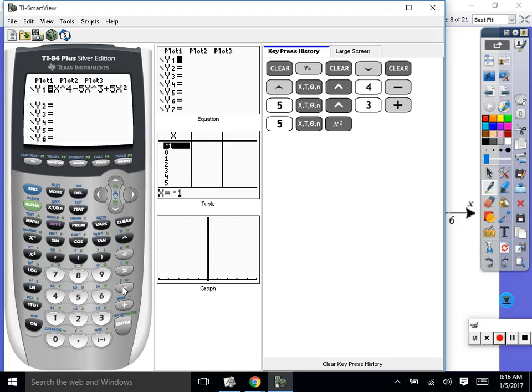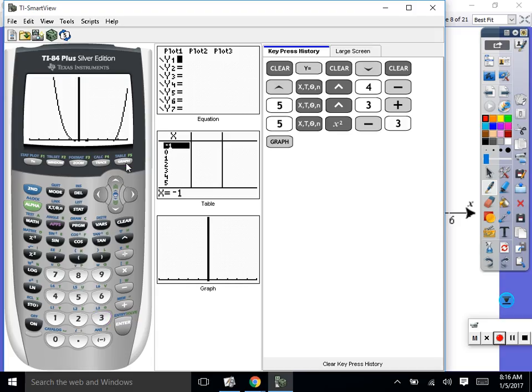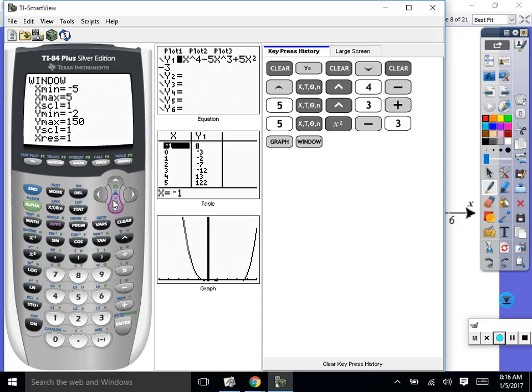Okay, if my window's not good enough, like look at my window, it is not good. I can't see anything that's going on. So I need to fix my window. I need to see further down here, so I need to go down on the Y value. I go to window, I go to Y min, because I need to see down further.